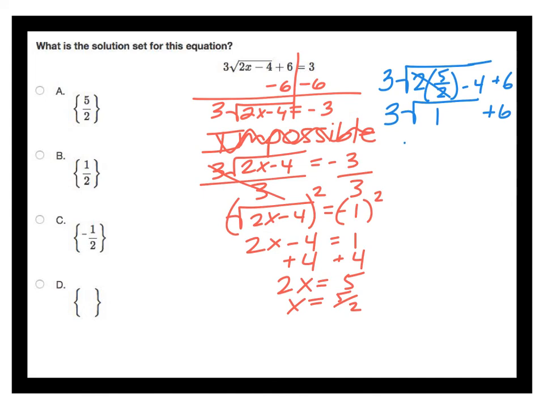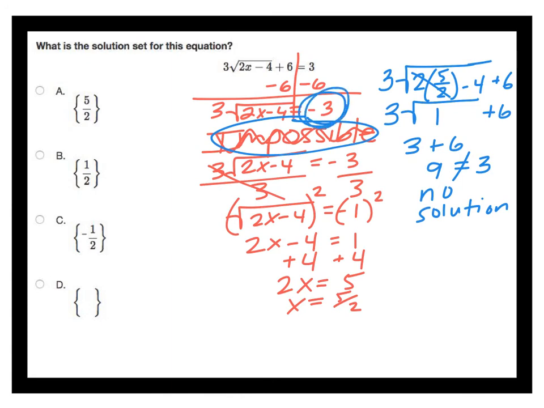So 3 times the square root of 1 is 3 plus 6, that's 9, but the equation says it equals 3. Well, that's not true at all. That means this equation has no solution. And the part that messed us up from the very beginning was right here when we tried to say that this radical would be equal to a negative number. Either way, as long as you follow the process, you'll find the correct answer. It's D.